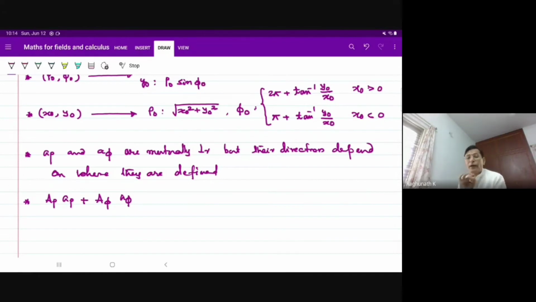A rho and A phi will have the same units, the magnitude of which is root of capital A rho square plus capital A phi squared, for sure. But the angle of which depends upon where this vector is defined.